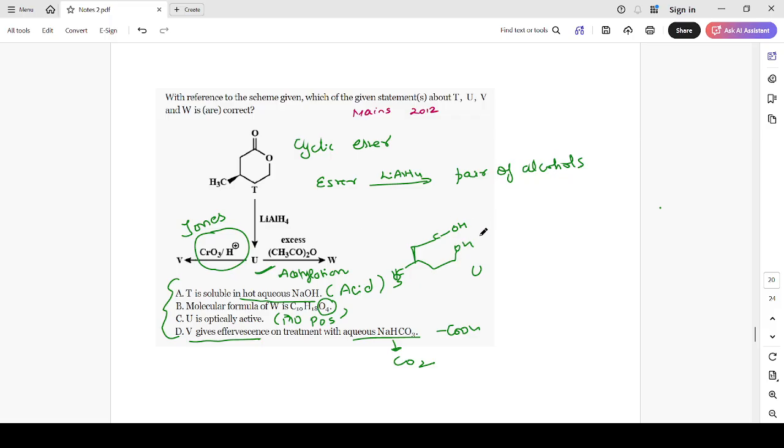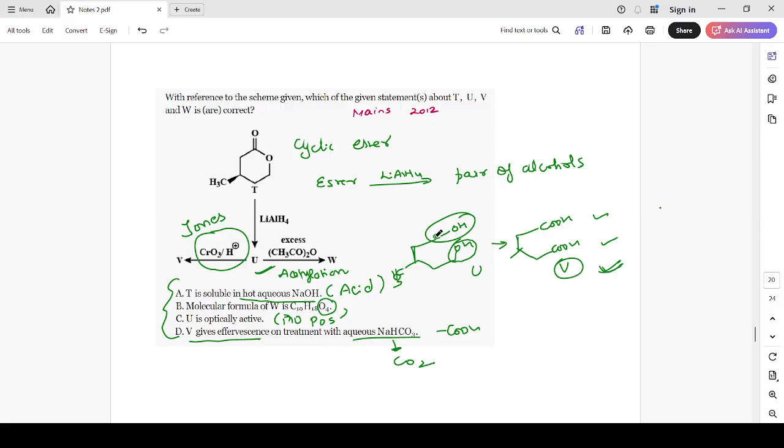We know very well if I'm treating it with Jones reagent, the primary alcohol will get oxidized into an acid. So this is V for us. V will generate effervescence on treatment with aqueous sodium bicarbonate. Yes, V has a carboxylic acid unit in it, so it will do it.